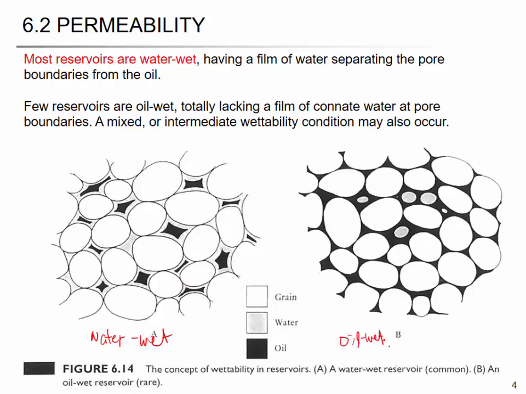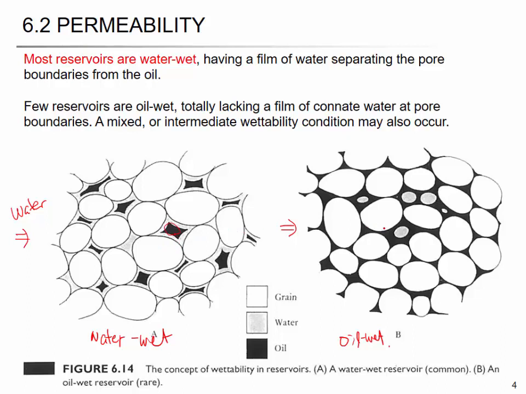And if you imagine you are flushing, maybe you can inject some water to flow and produce the oil in here. And you can imagine the same case, applying it to the oil wet reservoir. Then here the remaining oil will be less than in the oil wet case.